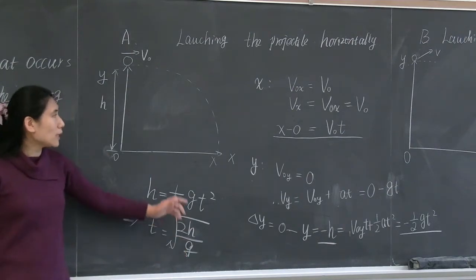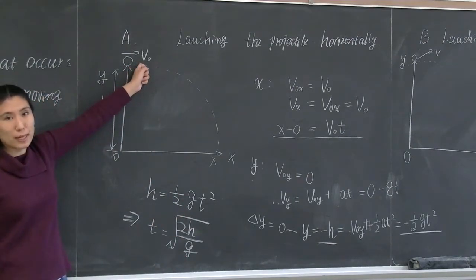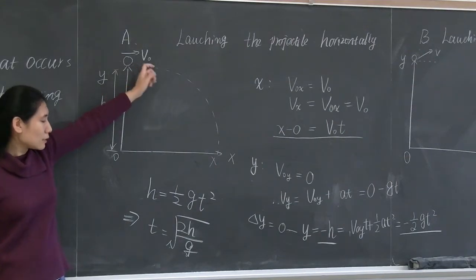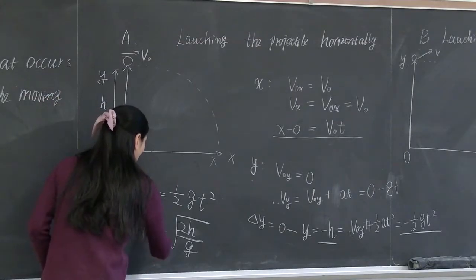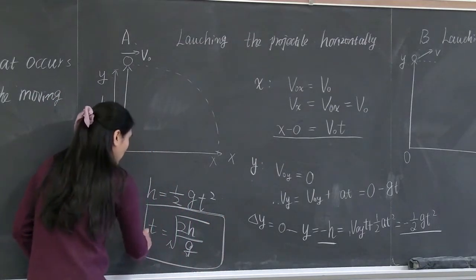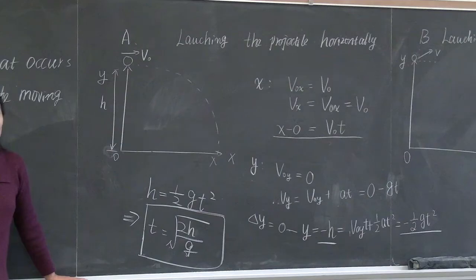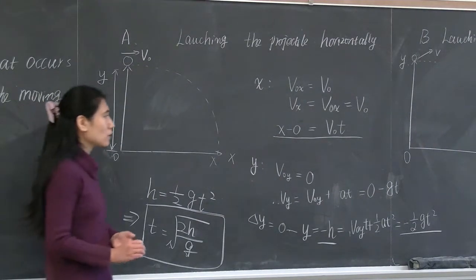It is not related to the initial velocity at all. So it only depends on h and g. This is an important conclusion we got from our first measurement. We will do this measurement in our computer.